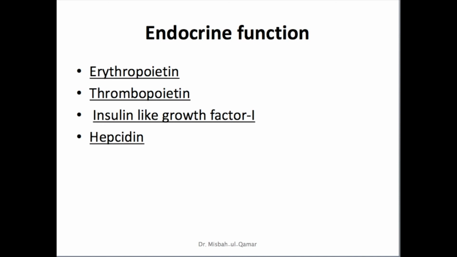Others are insulin like growth factor 1, which stimulates the growth as the name indicates, and hepcidin, which inhibits iron uptake from the intestine. And don't forget that liver also has a role in activating vitamin D in conjunction with kidneys.